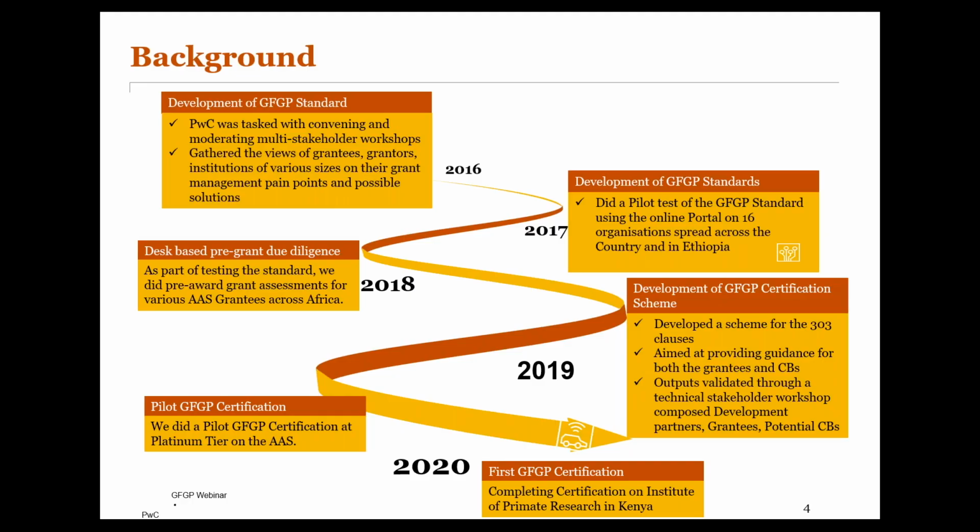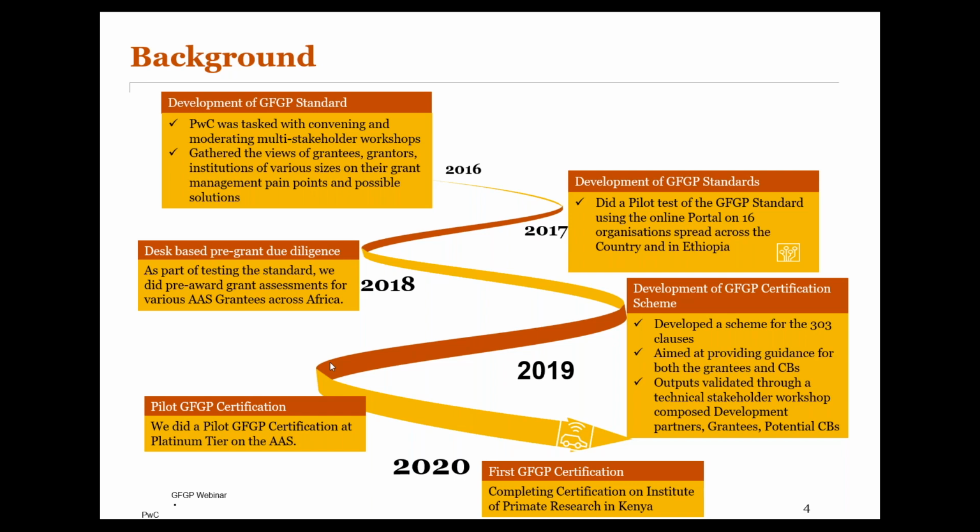So as a way of background, in 2016, a few development partners, including the Africa Academy of Sciences, grantors, and technical working group members, came together with the sole mission of solving the question, how do we remove the duplication that occurs whenever we are making grants and through the grant making process? As Jenny has highlighted, there's already a lot of duplicity that occurs whenever grants are being made.